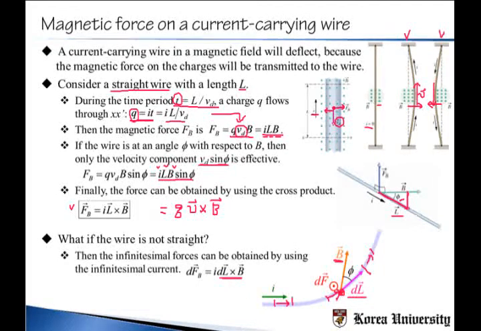Finally, what you will get is not the total force, but a small piece of magnetic force acting only on this part. So if you want to calculate the total magnetic force, then of course you have to integrate this from the point to the other point over which you want to get the full value. Okay.